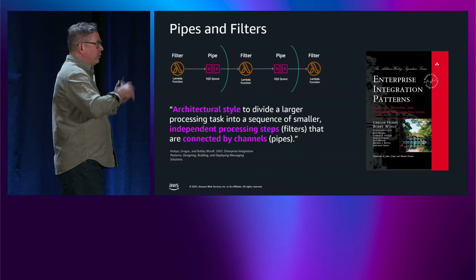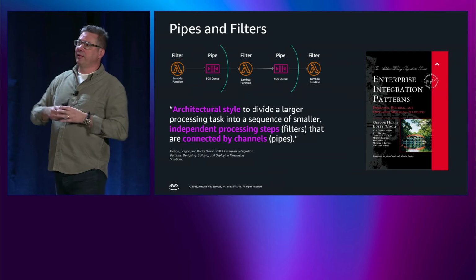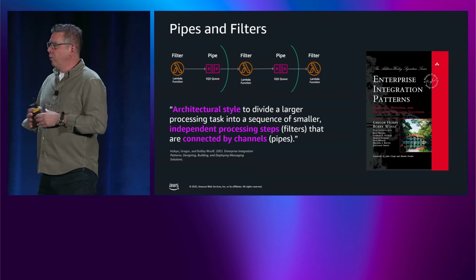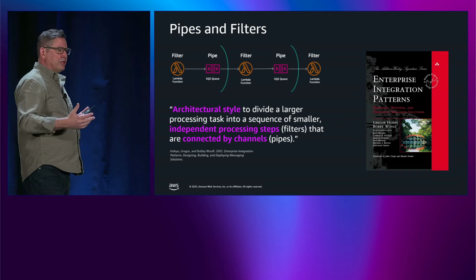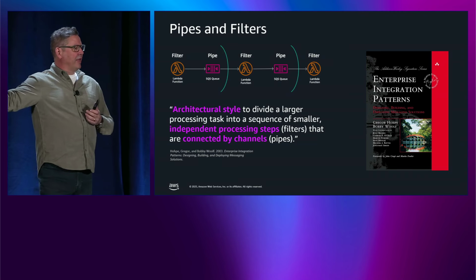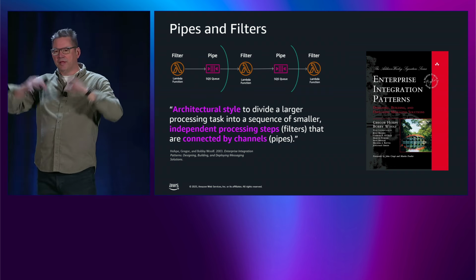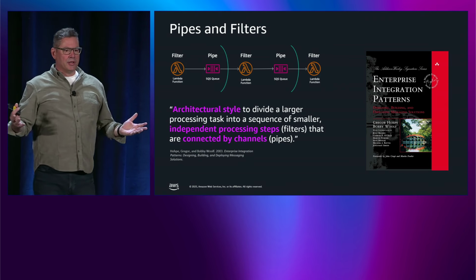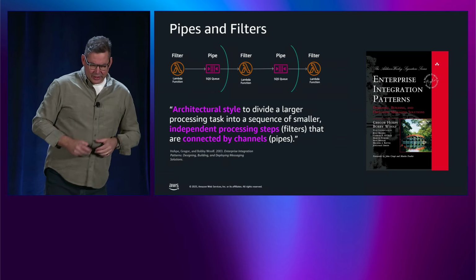In this case, the message sender really only needs to know what transport or what pipe to send messages to. It doesn't know or care what comes after that. So this is a nice way to start breaking down problems rather than thinking that everything has to happen in one sequence. I think that's a really important concept, especially when we start dealing with distributed architectures.